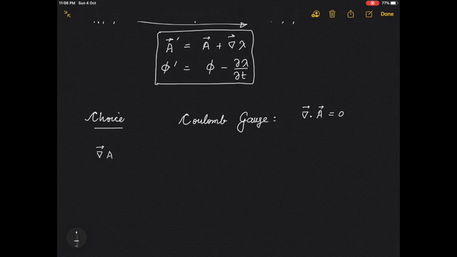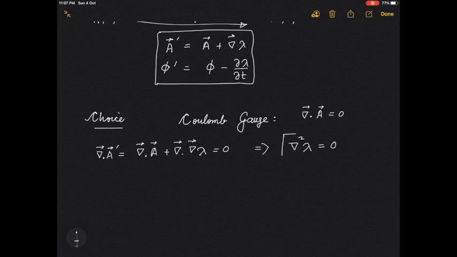So you see that divergence of A set to 0 means divergence of A prime equals divergence of A plus divergence of gradient of lambda. This equals 0, which says that for such a choice of gauge, your grad square lambda has to be 0.